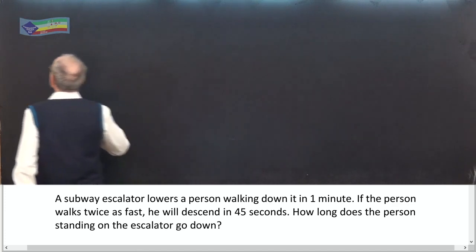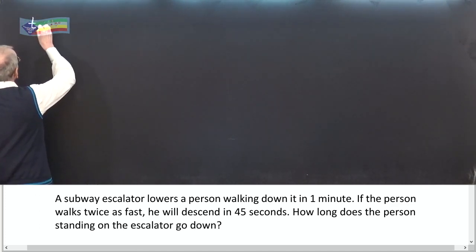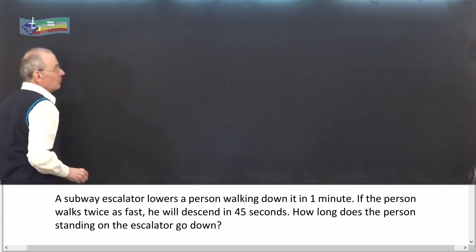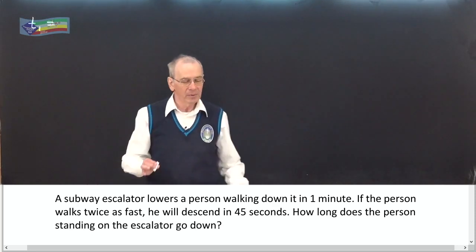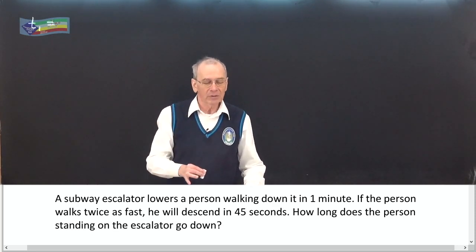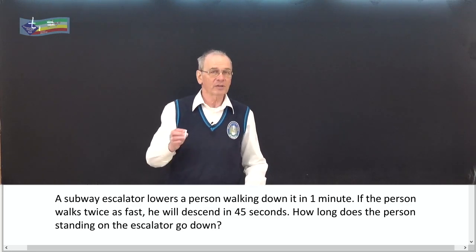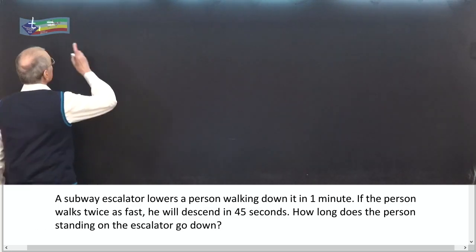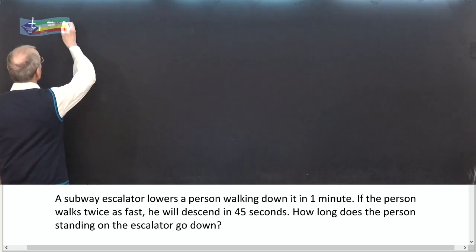So, let T1 stand for the case when a person is walking down at a normal speed. This time equals 1 minute.